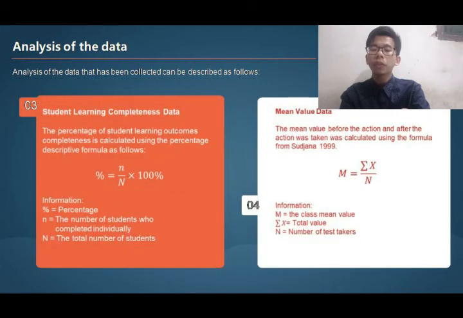The percentage of students' learning outcomes completeness is calculated using the percentage descriptive formula as you can see on PPT. And the last is mean value data. The mean value before the action and after the action was taken was calculated using the formula from Sujana 1999.